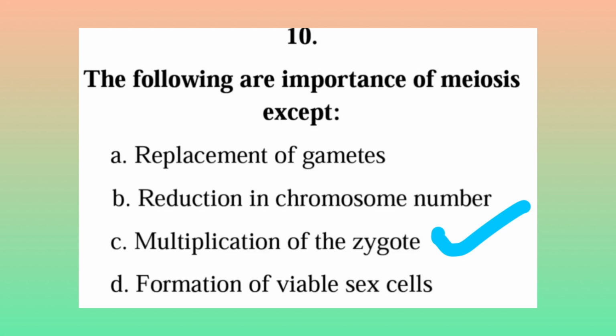So options A, B, D are the importance of meiosis. Option C, multiplication of the zygote, takes place through mitosis. So option C is the correct answer. C. Multiplication of the zygote.